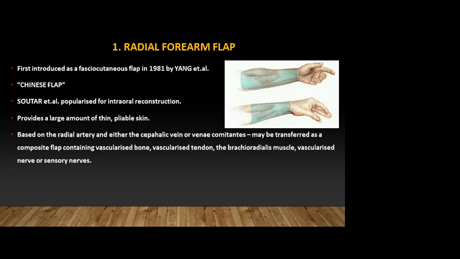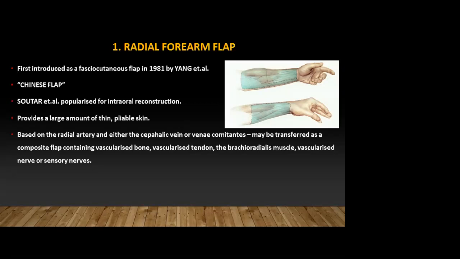And the use of the radial forearm flap in intraoral reconstruction was popularized by Soutar. The importance of the radial forearm flap is that it provides a large amount of thin, pliable skin, and this flap is based on the radial artery and either the cephalic vein or the venae comitantes, and this may be transferred as a composite flap also. That is the importance of the radial forearm flap.